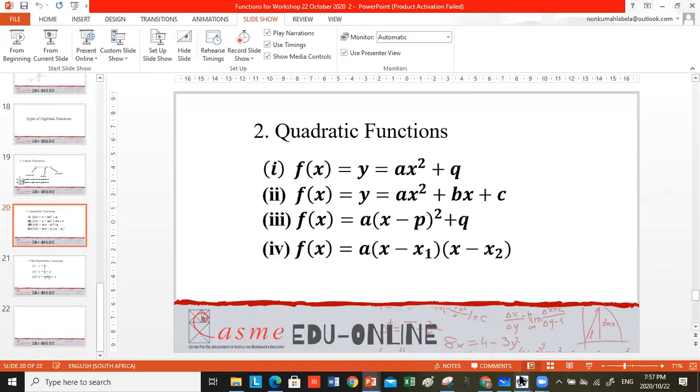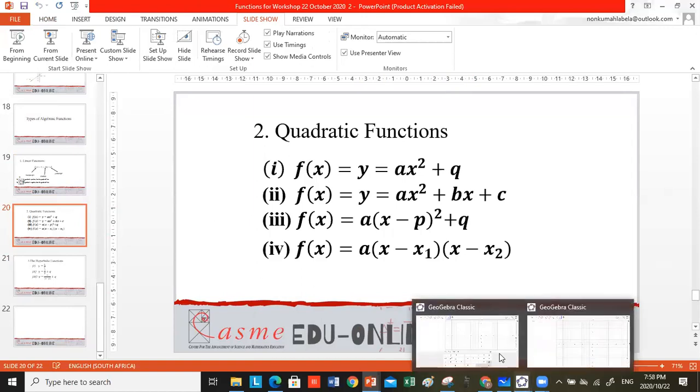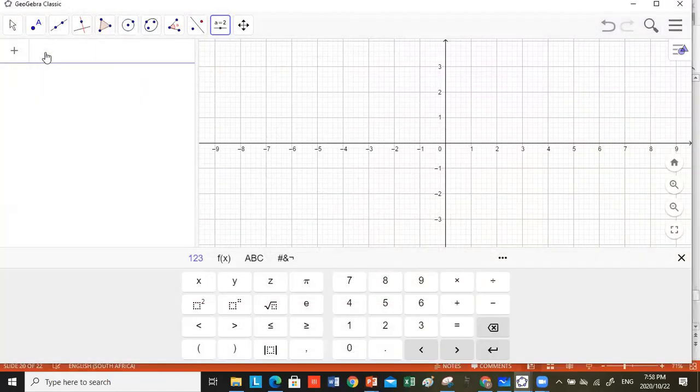So let me just share with you my GeoGebra Classic here. If I can type now y equal to a x to the exponent of 2 plus q.